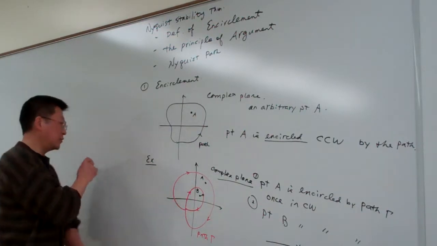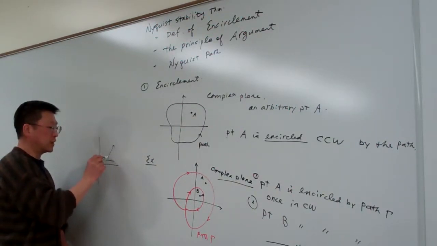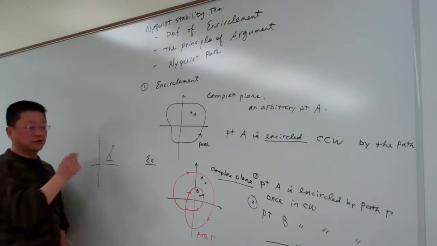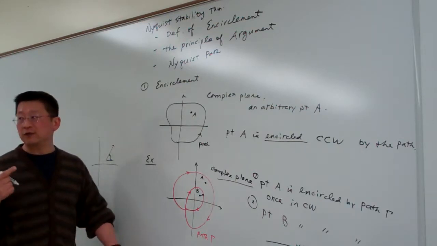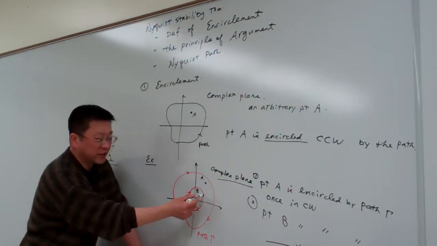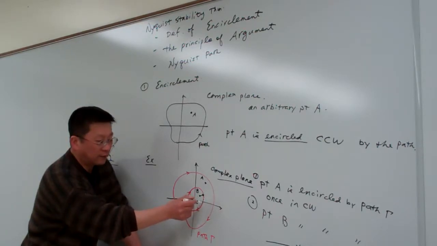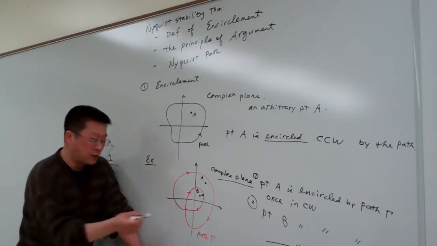That arrow is like any arrow that has a magnitude and an angle, right? Using this concept, focus on the angle here, and we begin to count. Imagine this test point moving along the path. Follow my marker here.